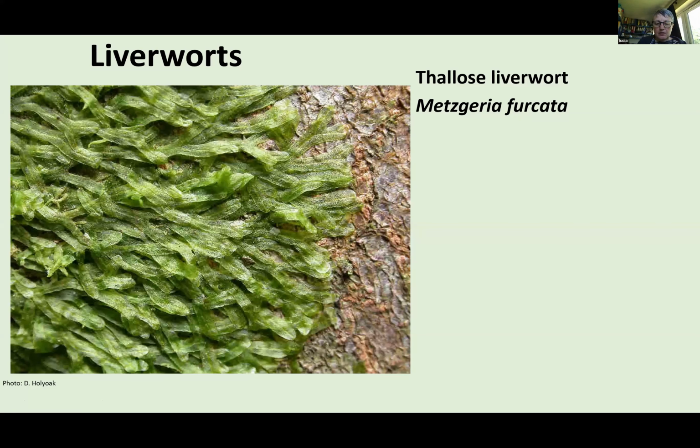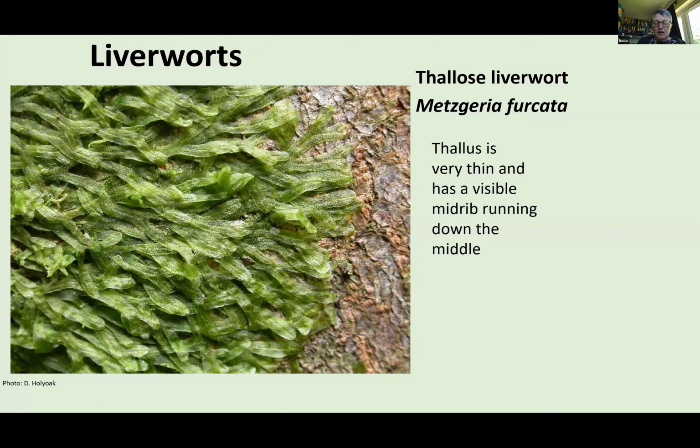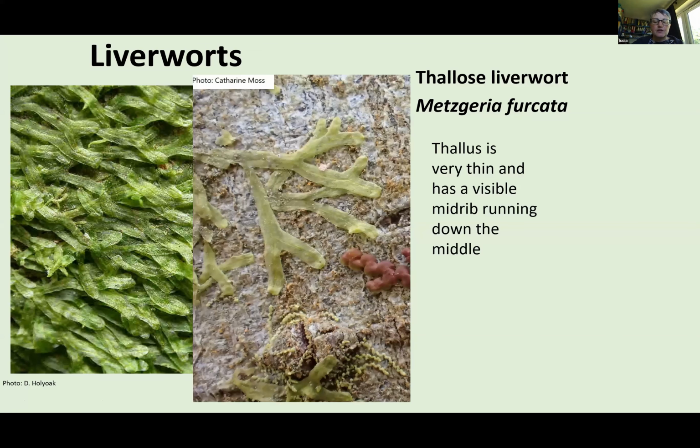The next picture shows how thin it is, because it's on its own on bark. You can see how thin it is and how it's got this middle bit, which is a midrib. It's a very different organism, but still a thallus liverwort.